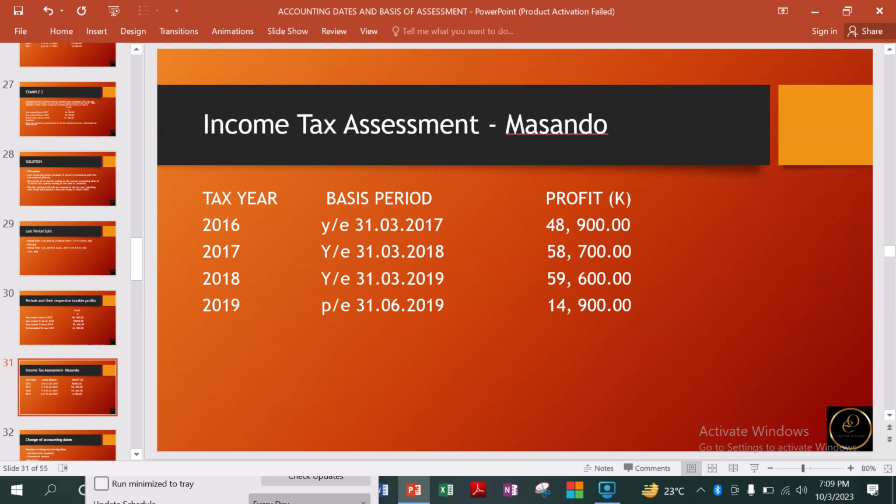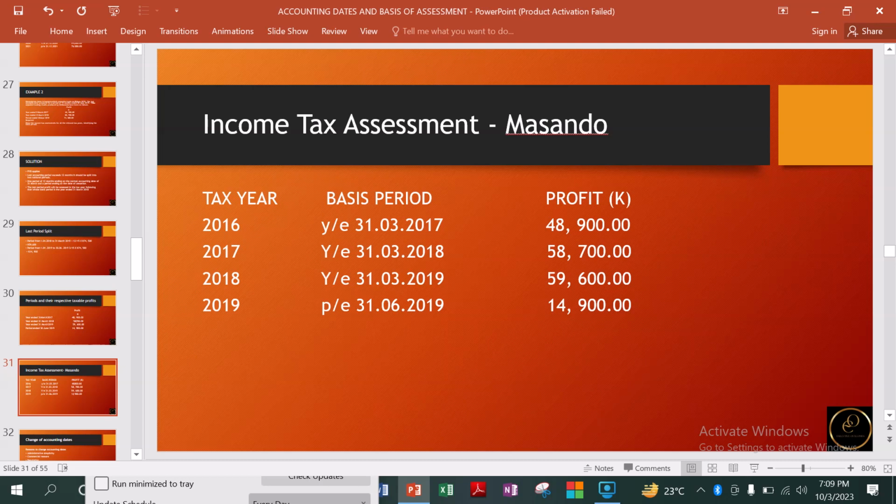The preceding year basis is the accounting date falling between 1st January to 31st March, so it will be assessed in 2017, but it was generated in the year ended 31st March 2018, 58,700. Then the year ended 31st March 2019, again is the preceding year basis, means that you are going to assess it in 2018, this amount of 59,600.